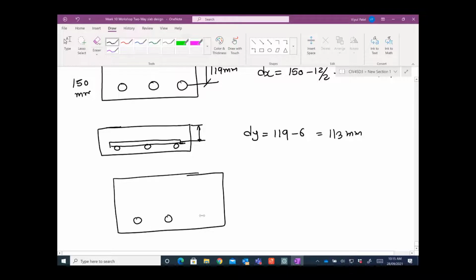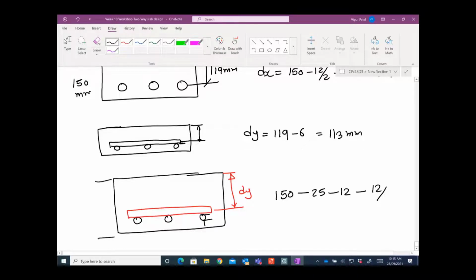you have this slab, and someone asks you to calculate, let's say this is a secondary one, and this is again N12 bars. Someone wants to ask you to calculate this dy. So in that case, you have this 150, take away this cover 25, take away this 12 millimeters, take away this 12 over 2, so take away 6.